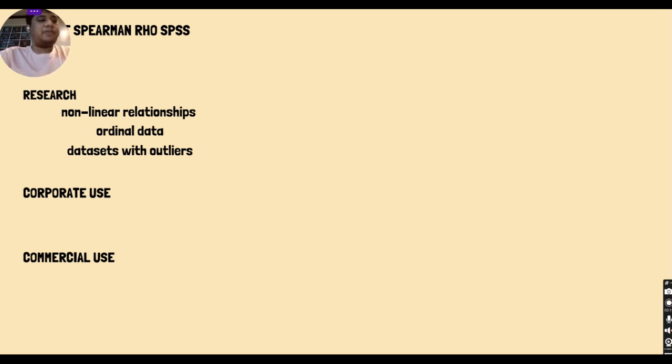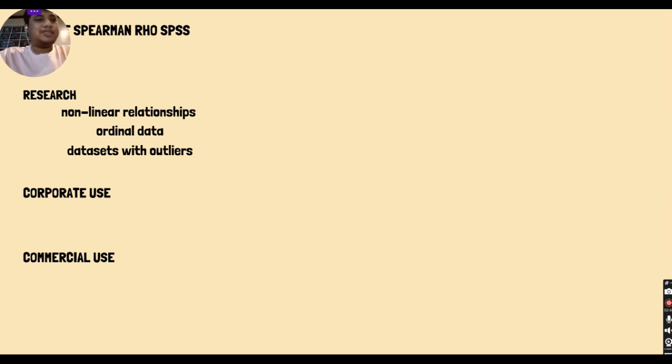Next is corporate use. In corporate settings, we could use it for things like comparing company data, what determines what, company stocks or inventory, or even company performance of employees, or if there's a strong relationship between pay and motivation to work.